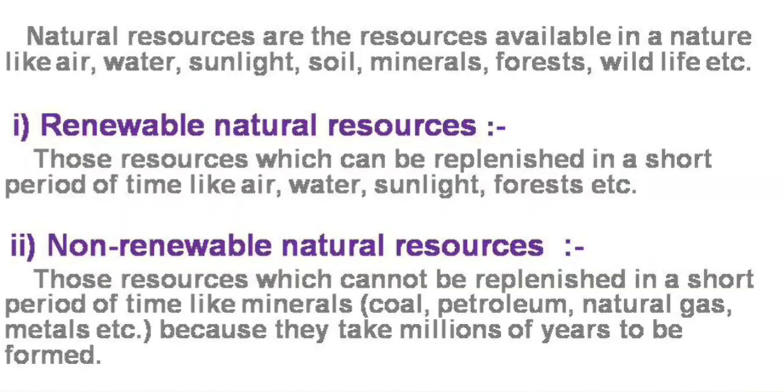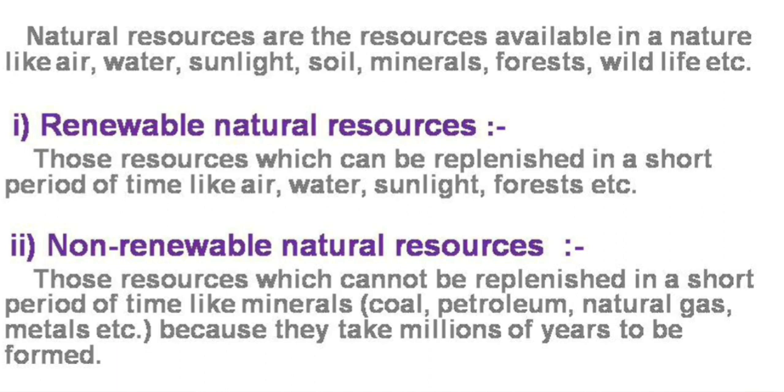petroleum. Now, when we have to understand the definition of natural resources, we will have to see that natural resources are the resources available in nature like air, water, sunlight, soil, minerals, forest, wildlife, and so on. And they are of two types.